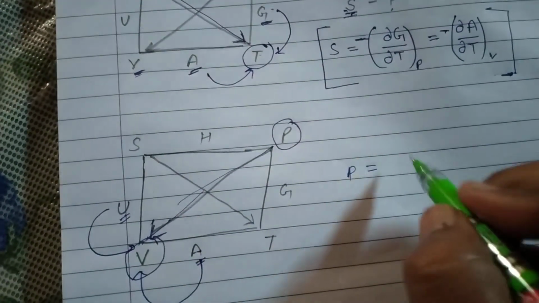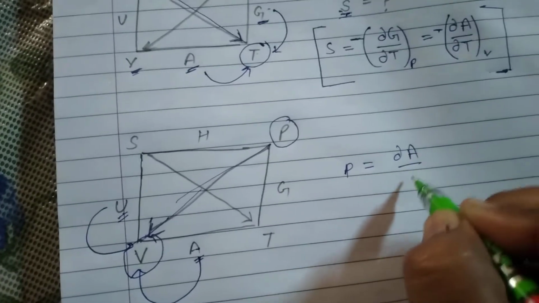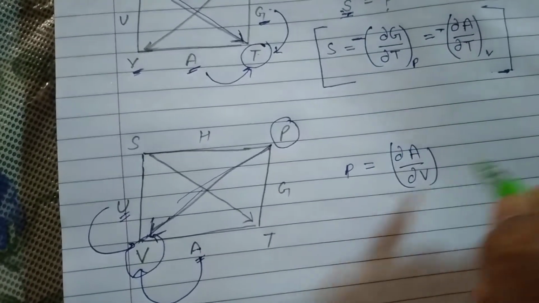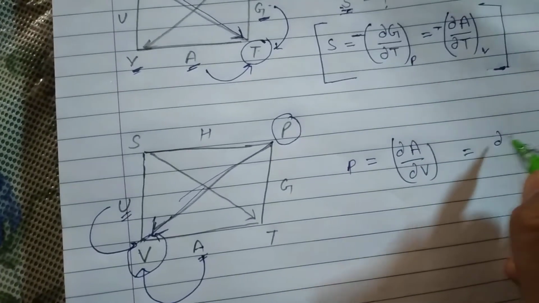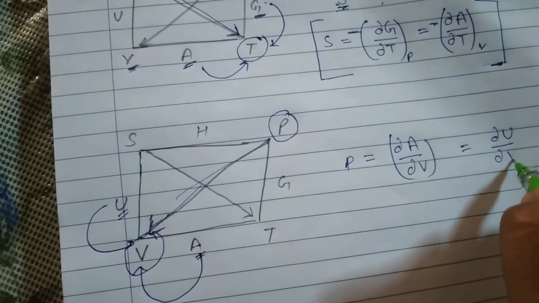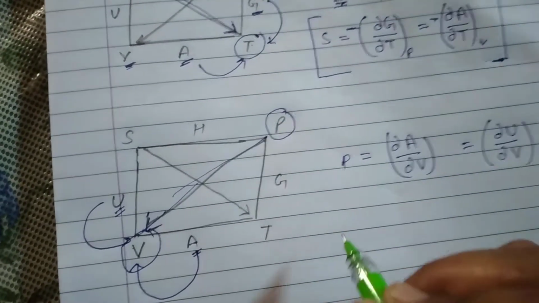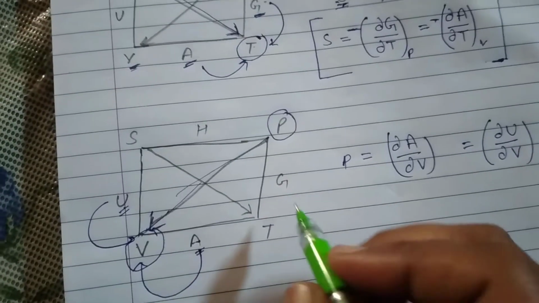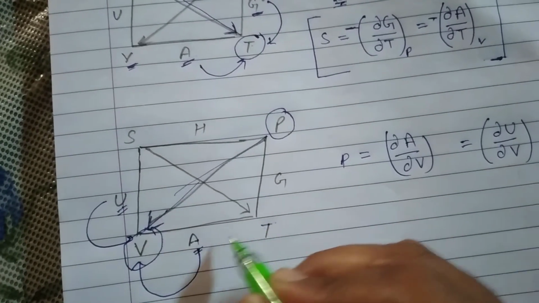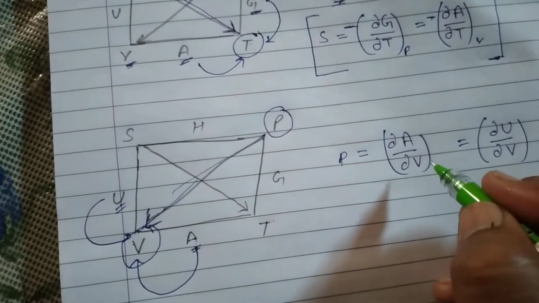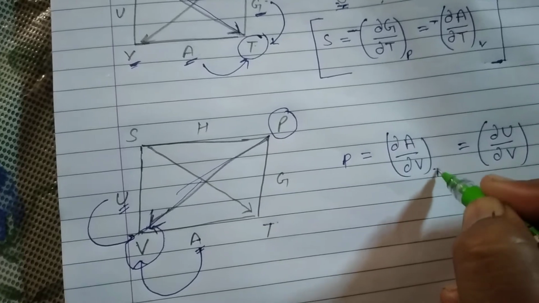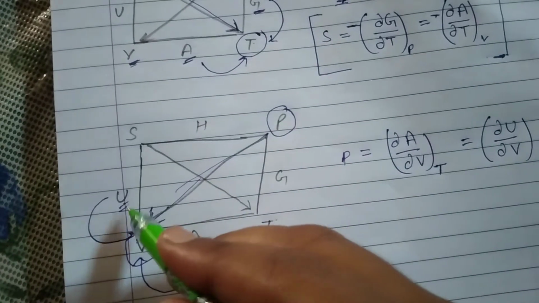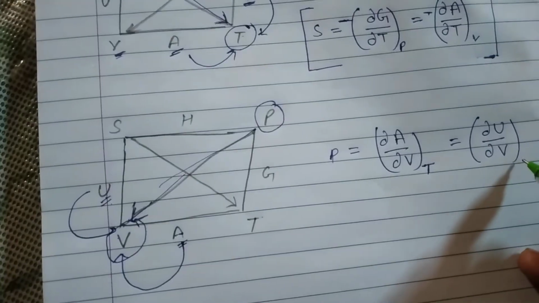Partial differentiation of A with respect to volume is equal to the partial differentiation of U with respect to volume. Now we have to write the constants. Here T is lying on this side for the work function, so temperature will be the constant, and for internal energy, entropy will be the constant.